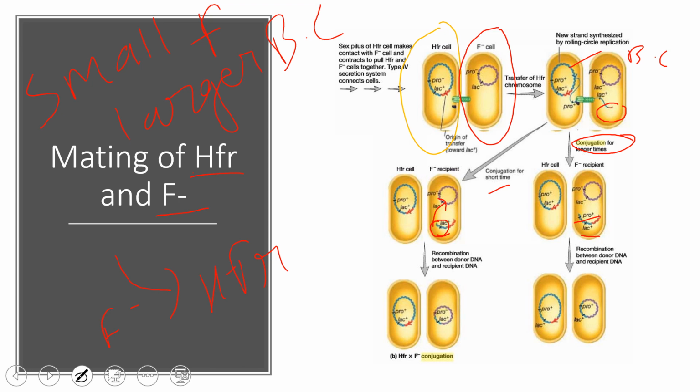If we keep the Hfr cells to mate with the F minus cells, then the formation will be the Hfr cells, that is the high frequency recombinant, in the sense that these genes transferred from Hfr cells will attach to the bacterial chromosome, so it is called the recombinant one.